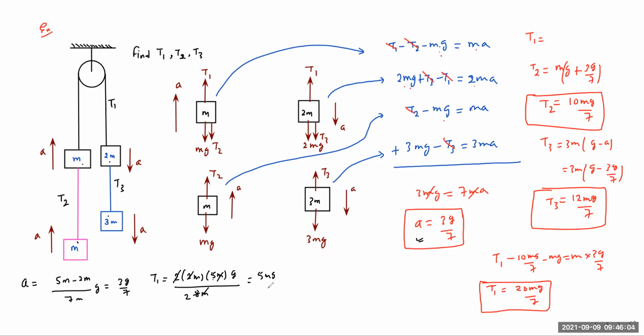Have we missed something? T1 is, no. So what are we getting here? T1 is T2 plus mg, T2 plus mg plus m. So this becomes 17 mg by 7, 20 mg by 7.